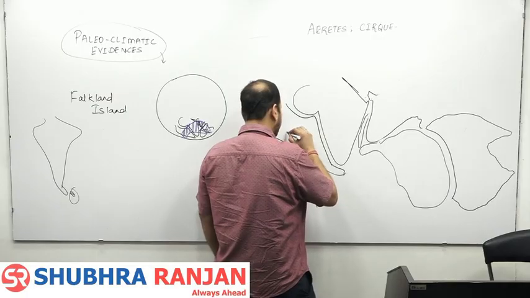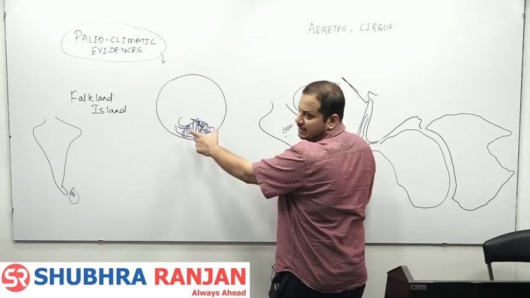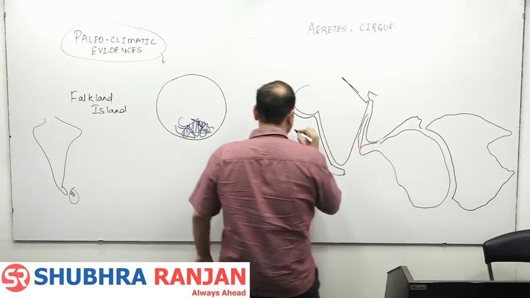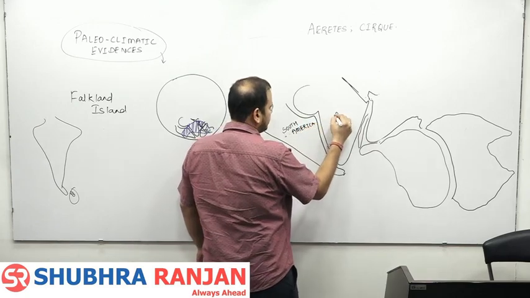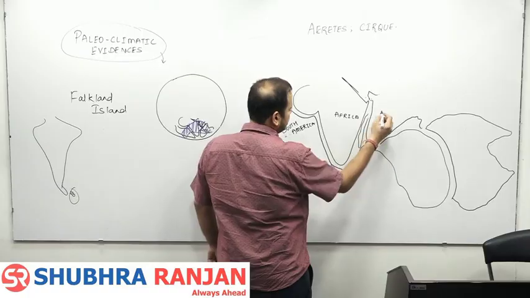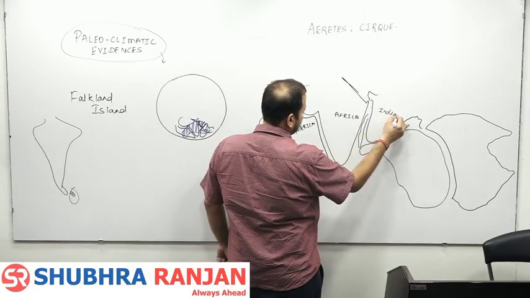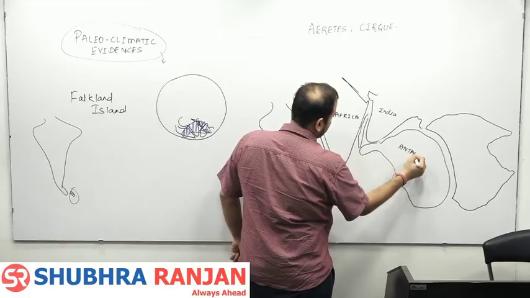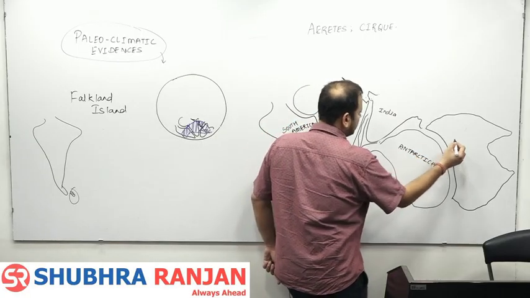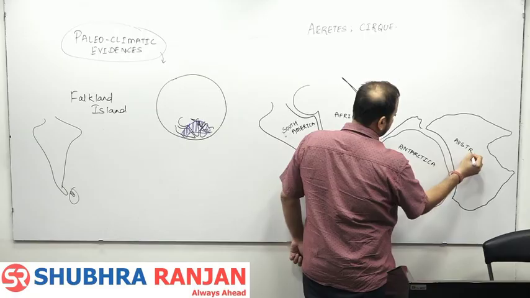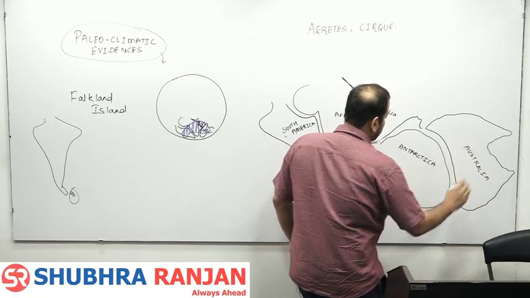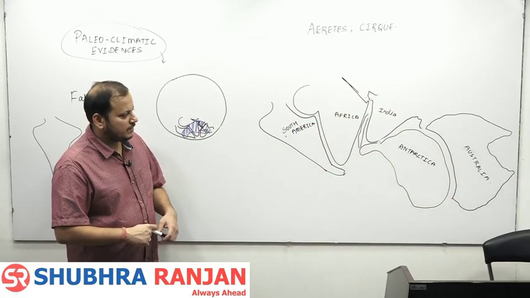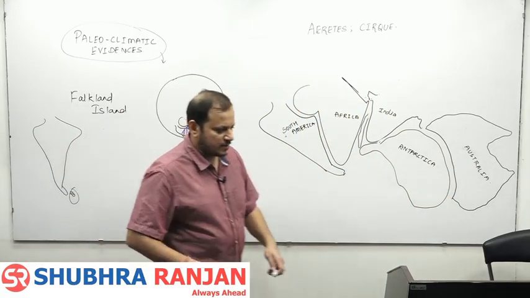Fine, and draw this diagram. Not this one. This is what Wegener had showed. We are going to draw a simple diagram here. This is how was the Gondwana landmass. Fine, and this is what we mean by the jigsaw fit of the continents.